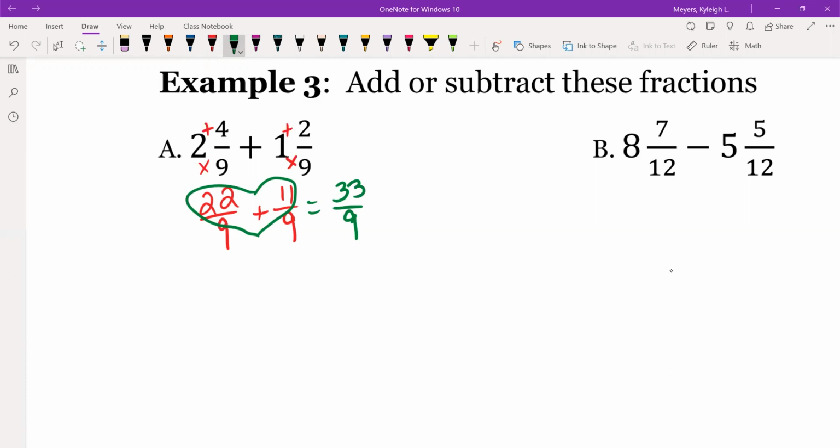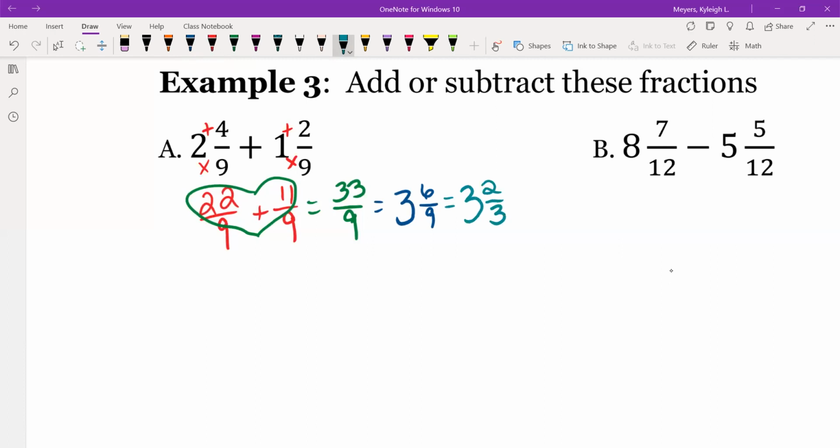Well, 9 multiples are 9, 18, 27, 36. So it goes 3 times with what's 33 minus 27, which is 6 over 9. We can simplify 6 9ths, divide them both by 3. So it'd be 3 2/3.